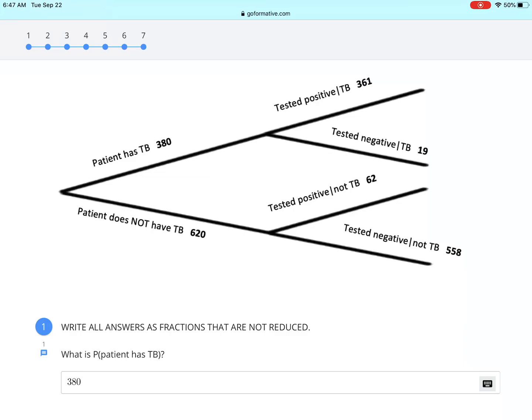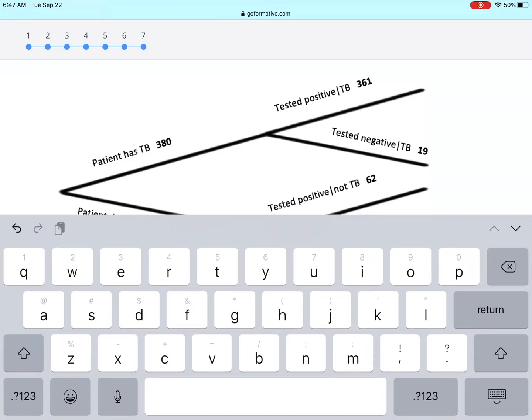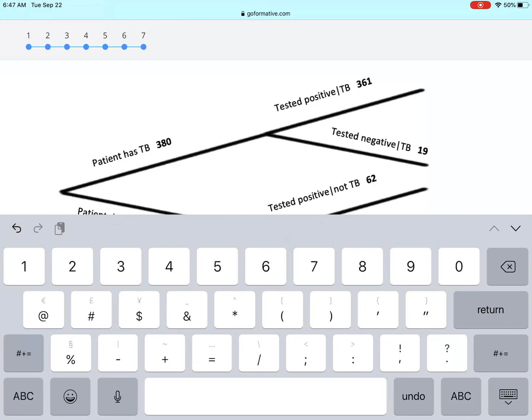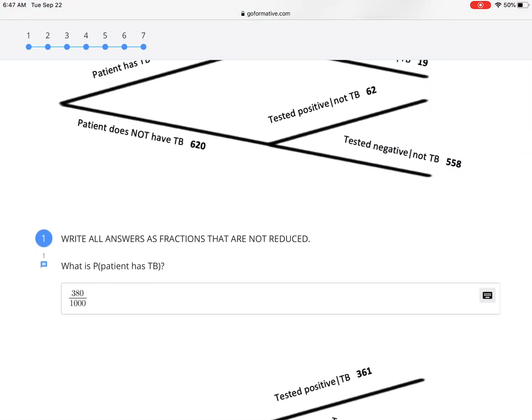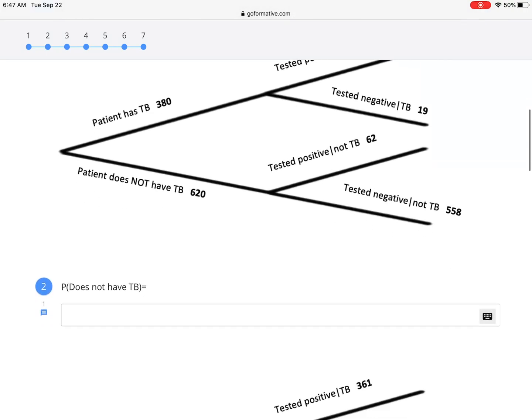So I have to add the patients that have TB with the patients that don't have TB. So that's 380 plus 620, which is 1,000. So the answer for this one is 380 out of 1,000.